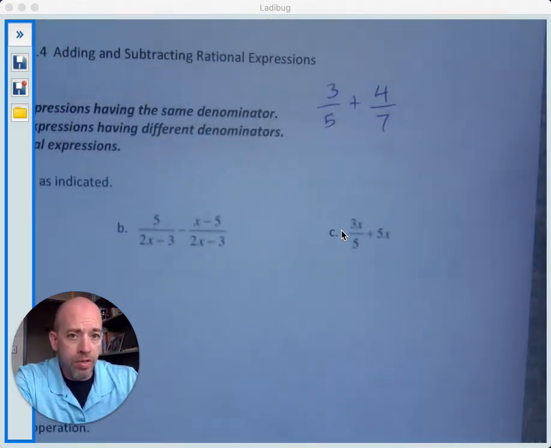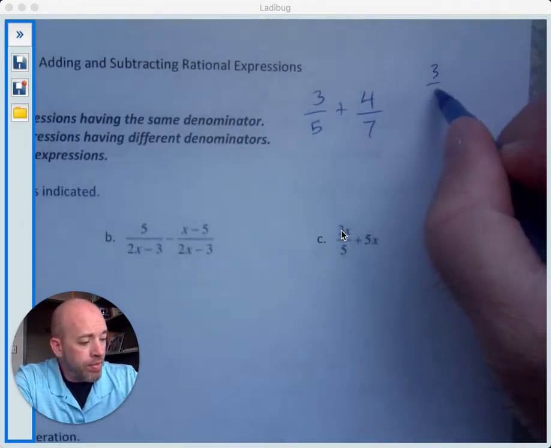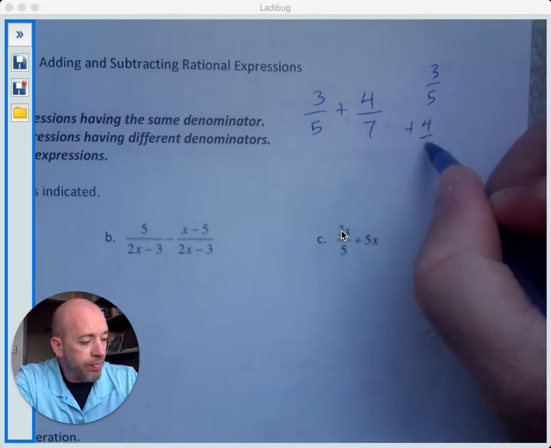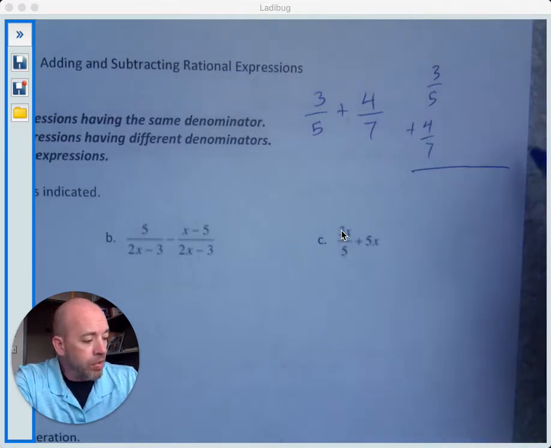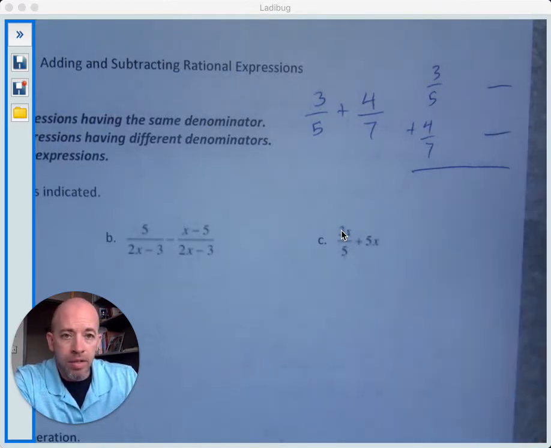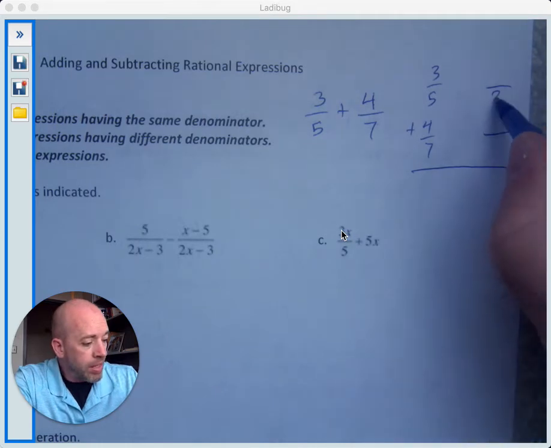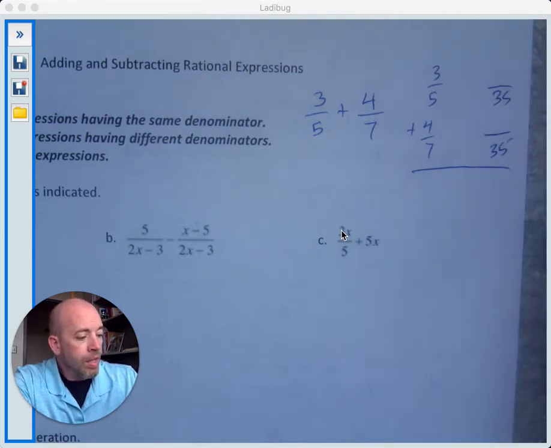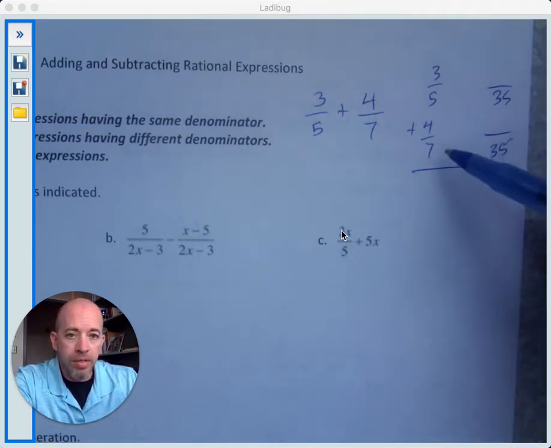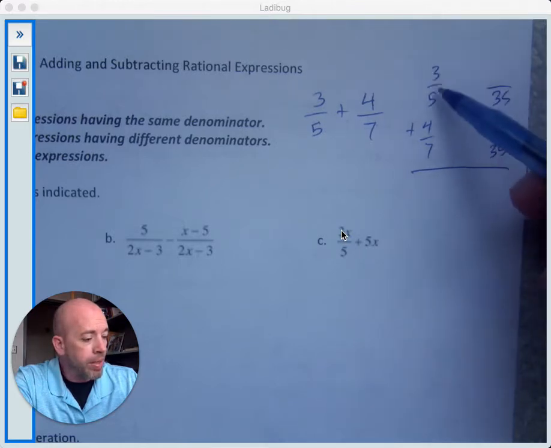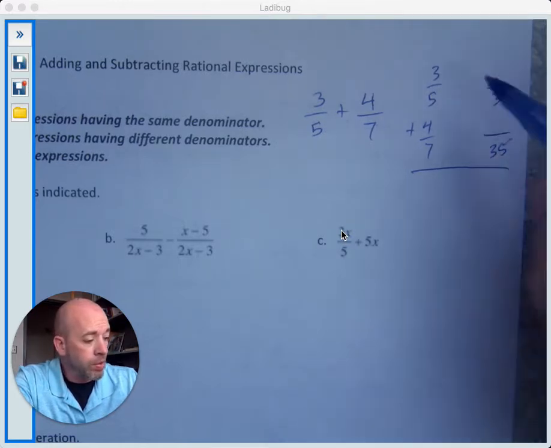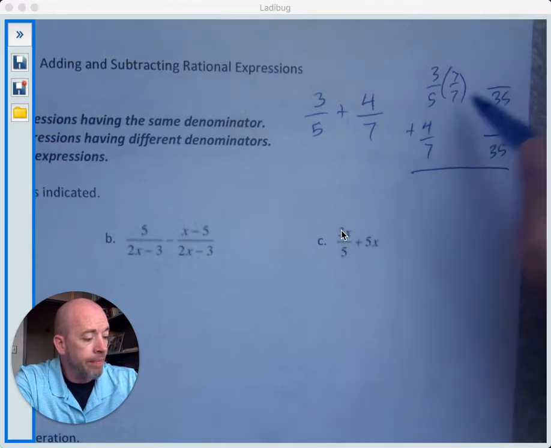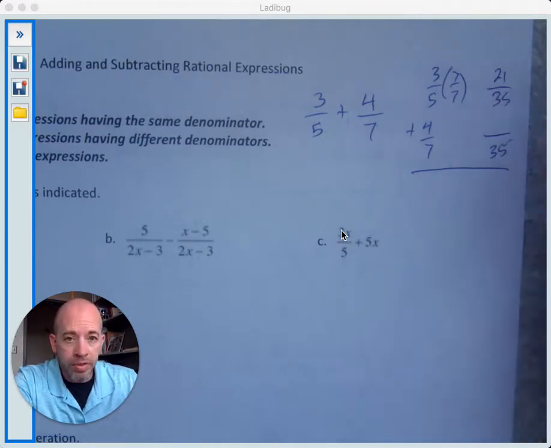So if I want to do this problem, I would write 3/5 plus 4/7. Write your LCD over here, so 35, right, we decided. And so now we could see, what do we multiply 3/5 by to get something over 35? We multiply by 7/7, right? So that gives us 21/35.